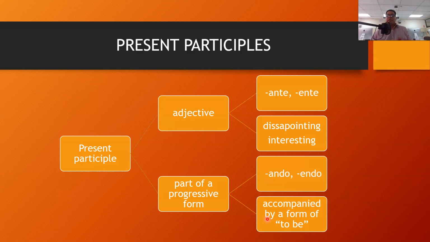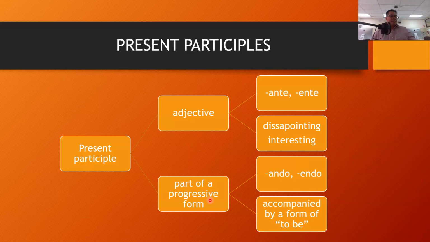Ando, endo. And you gotta be careful and remember that to classify a present participle as part of a progressive form, it needs to be accompanied by an auxiliary verb. It needs to be accompanied by verb be. Because remember that the two verb forms are going to make the progressive form, right?